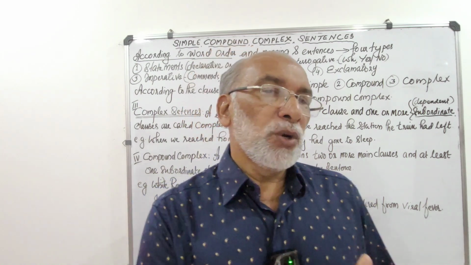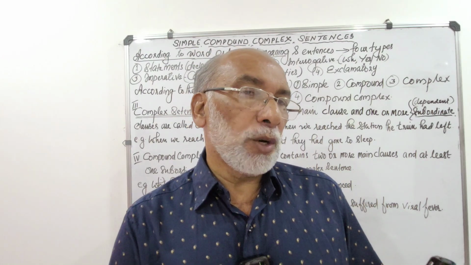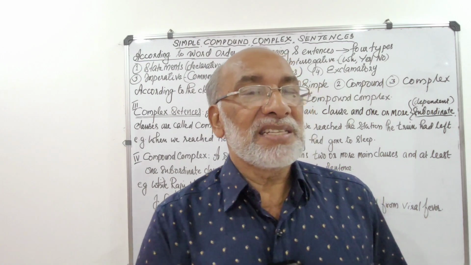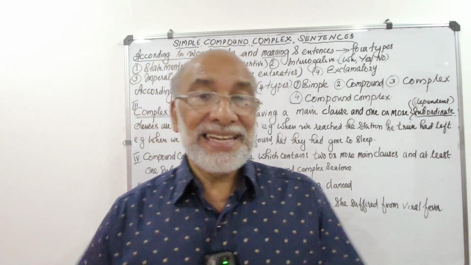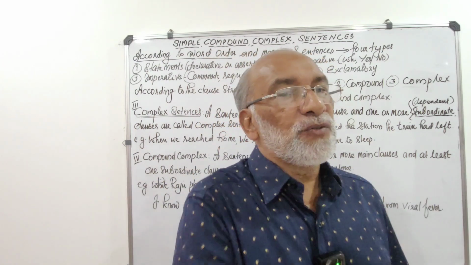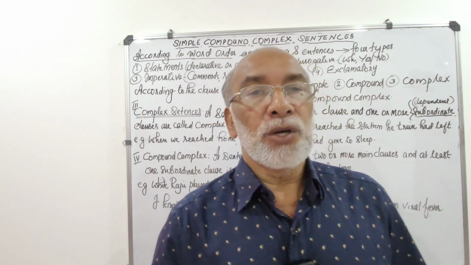You know what a main clause and a subordinate clause is? Main clause is a clause that can stand on its own, independently. And subordinate clause means a dependent clause. It cannot stand independently. It needs the support of a main clause. It comes as part of a main clause.